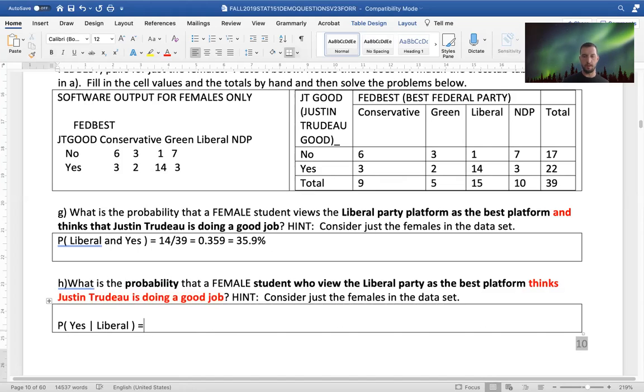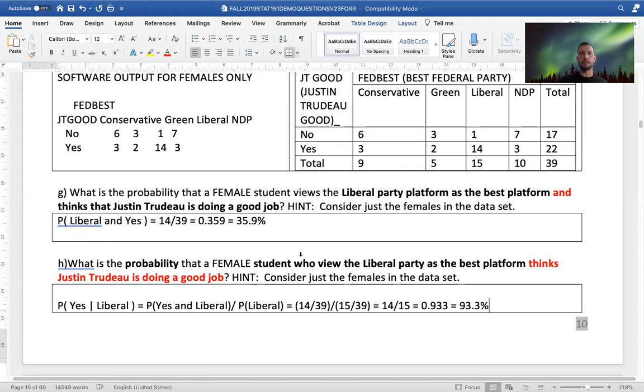Okay, so this will be probability yes and liberal divided by probability liberal. Yes and liberal is 14 out of 39 divided by the probability of liberal, which is 15 out of 39. So that's going to be 14 out of 15, which is equal to 0.933, which is equal to 93.3%.